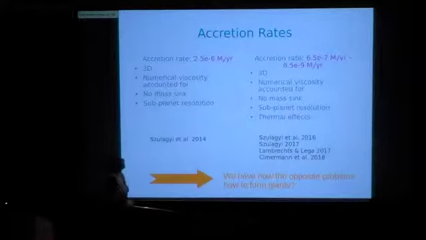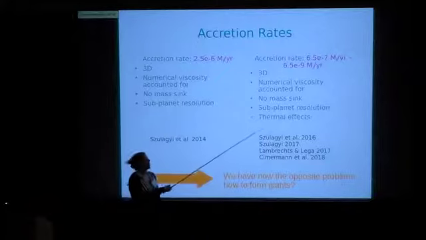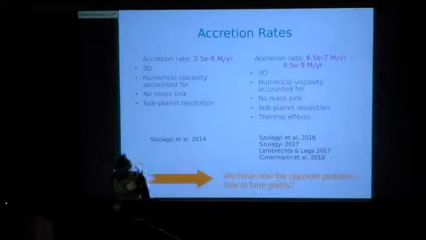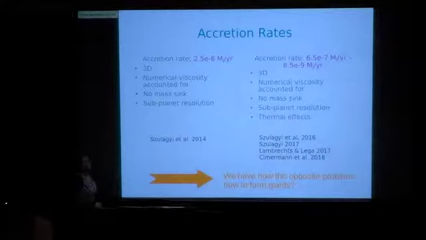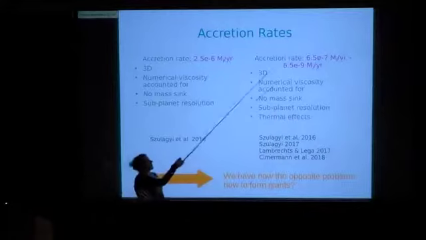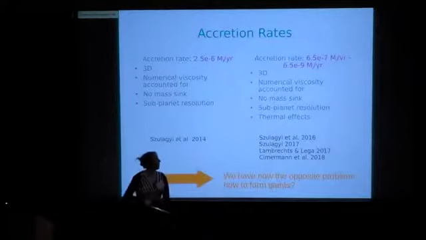These were the previous points I was talking about. And when I coded in all the thermal effects, the stellar irradiation, the accretional heating, the radiative dissipation, viscous heating, then I got an even lower accretion rate, on the order of 10 to the minus 7, 10 to the minus 9.